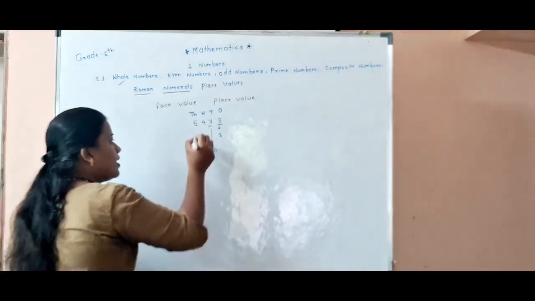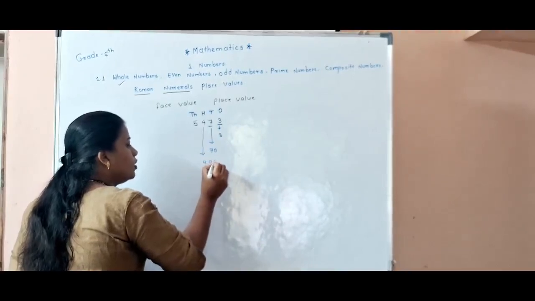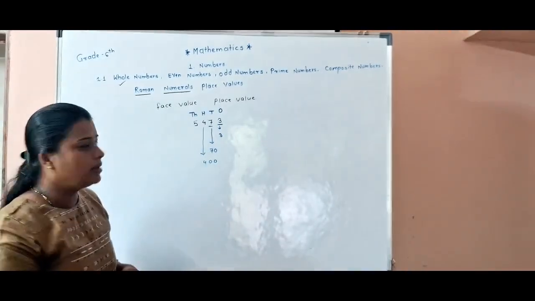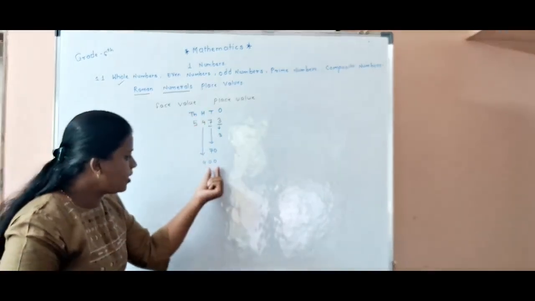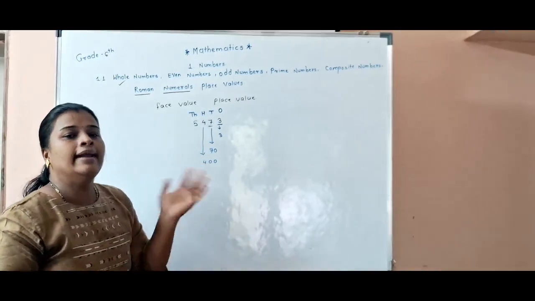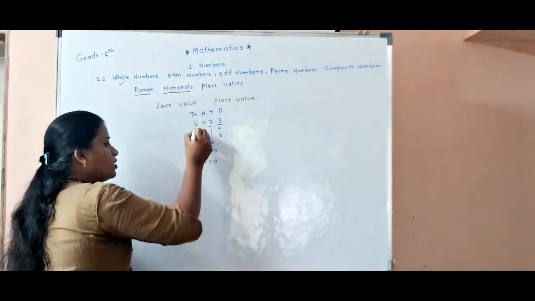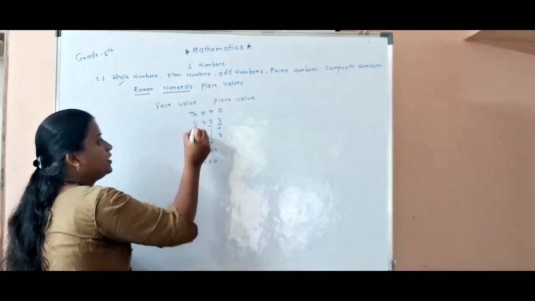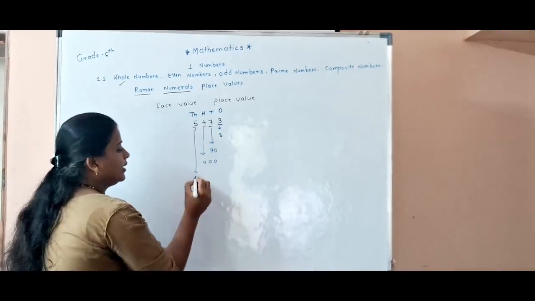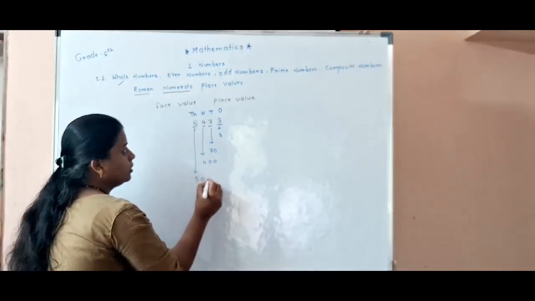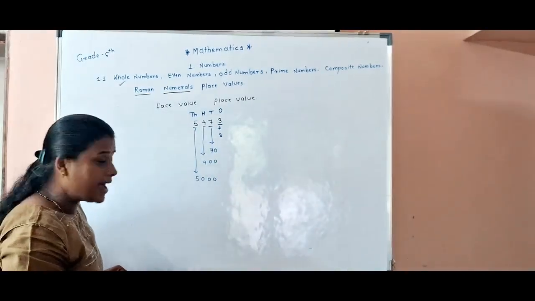That's why we write one 0 for the tens place. Okay. For 100 it will be 400. Again why? Because 4 is on the hundreds place and for 100 we add 2 zeros. And for 1000, if they ask you the place value of 5, then it will be 5 with 3 zeros. Why?